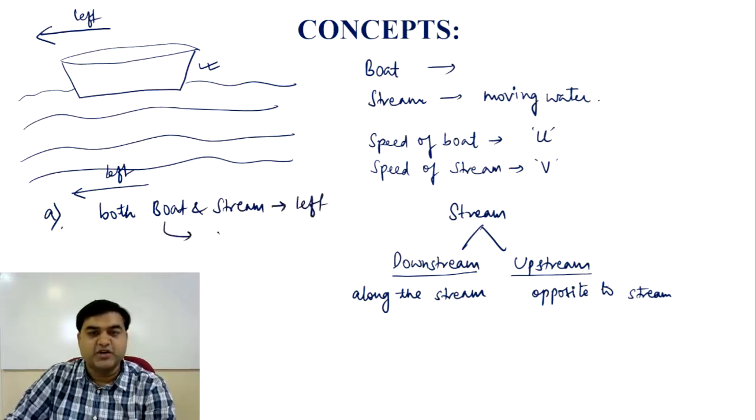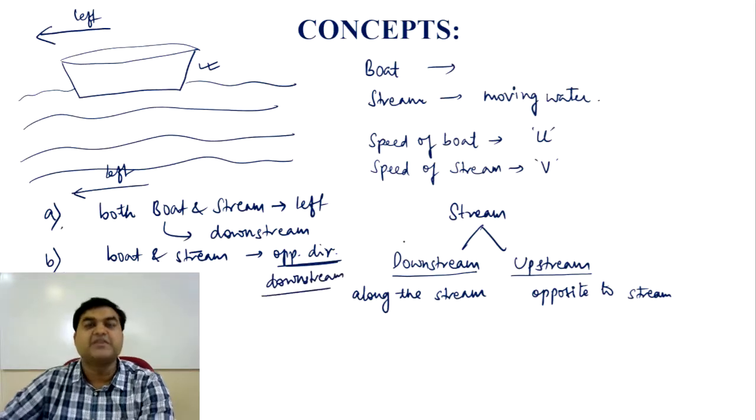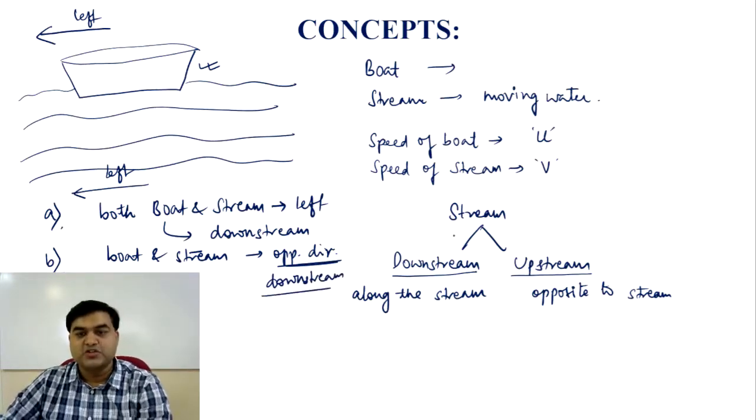It is called downstream. Considering case B, when boat and stream are going in opposite directions, then what is it called? It is called upstream. Hope this is clear, my dear friends. So this has to be understood.